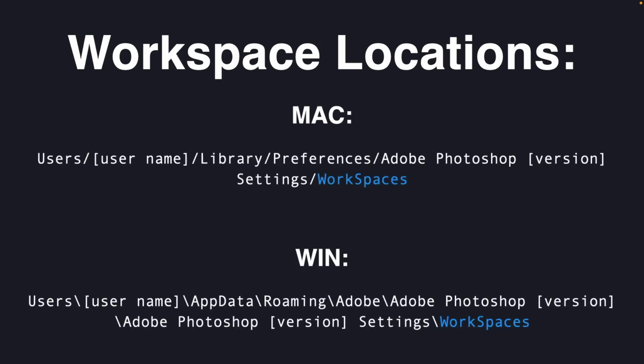If you are unable to view that workspace after going through the import preset process that I showed you, go ahead and pause here and find this location, and then you simply need to copy and paste that nicolesi.psw file over into the Workspaces folder. Then reboot Photoshop, and that workspace should be accessible in that top right dropdown.